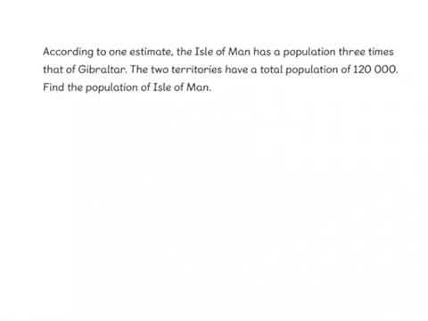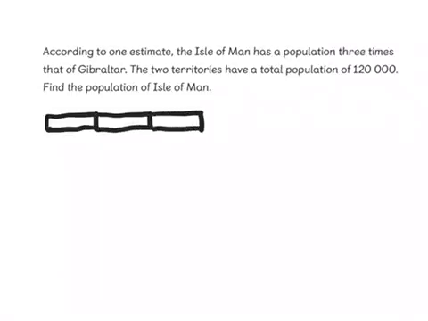To show the Isle of Man's population, our bar needs to have 3 bars, and because it's 3 times bigger than the population of Gibraltar, Gibraltar is just going to be 1 bar, like that. So this is the Isle of Man, and this is Gibraltar.